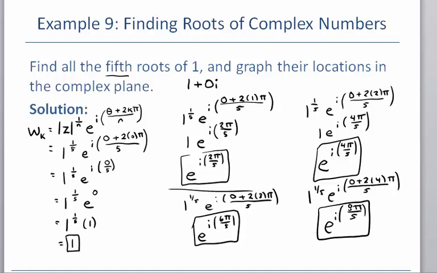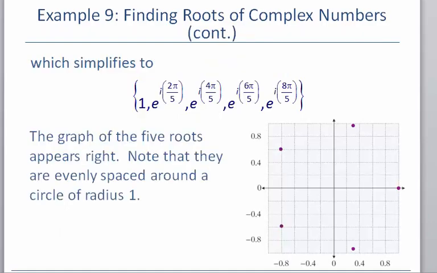The other thing that we're asked to do on this problem is to graph the locations of these 5 roots in the complex plane. And you can see that that is done here. Remember that in order to do this, you are going to draw each individual angle. For example, if I were going to look at this one, I would need to draw an angle at 2 pi over 5.